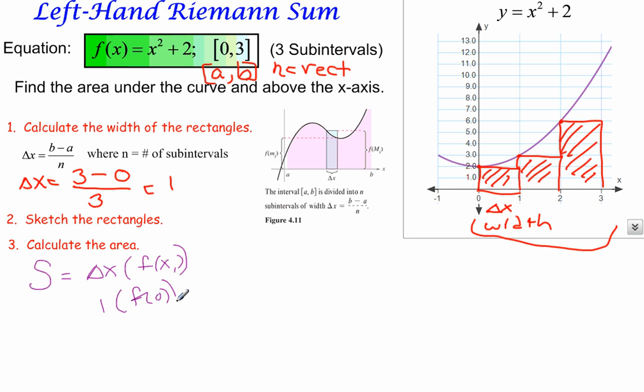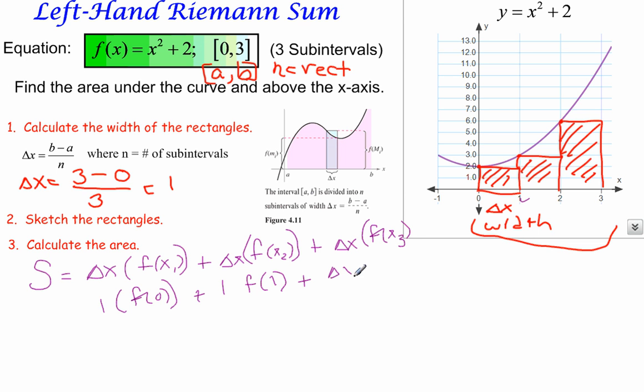Next, I would take delta x and multiply it by my second rectangle, f of x sub 2. In our case, we have a width of 1, and our f value will be calculated at 1. Added with our final third subinterval, which would have the width delta x, multiplied by f of x sub 3.